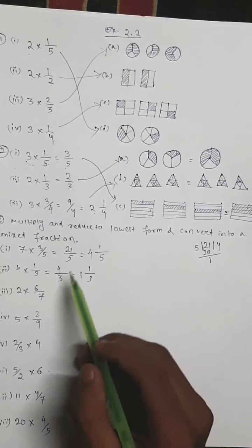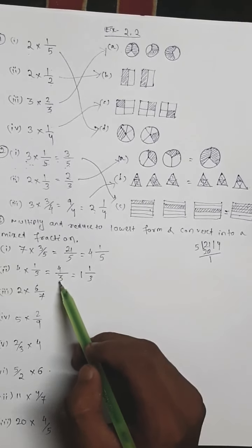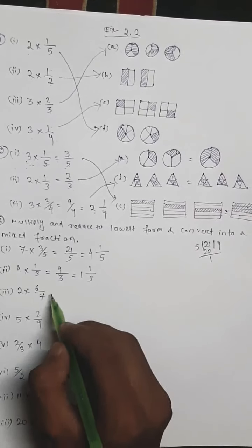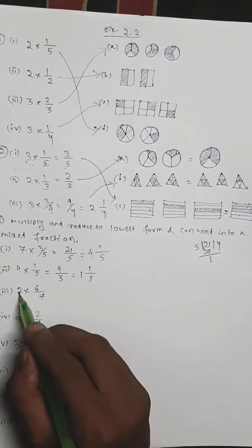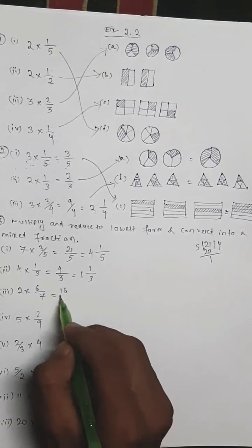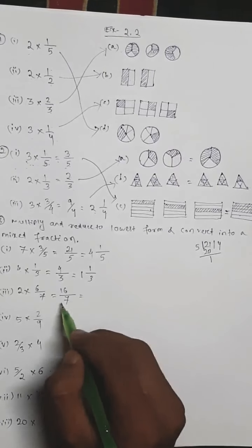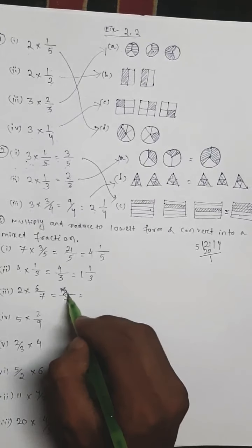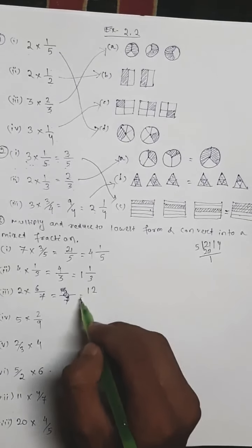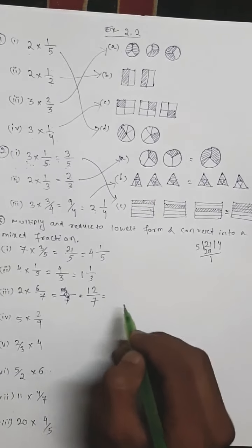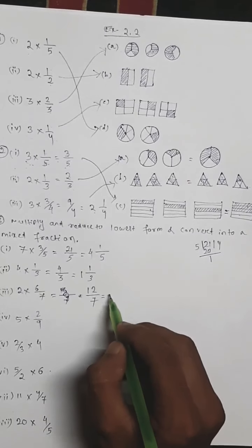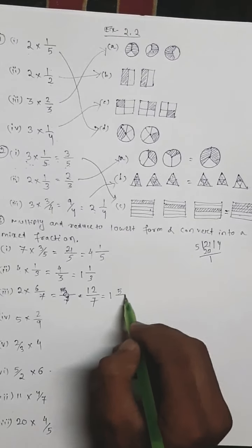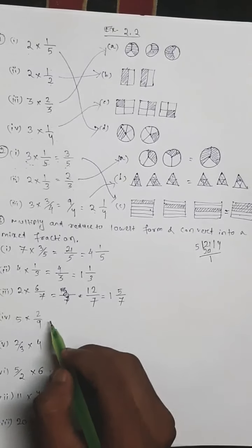You can simply divide the numerator by the denominator. The third one, 2 6s are 12 upon 7, and when it is converted, it will become 1 whole 5 by 7.